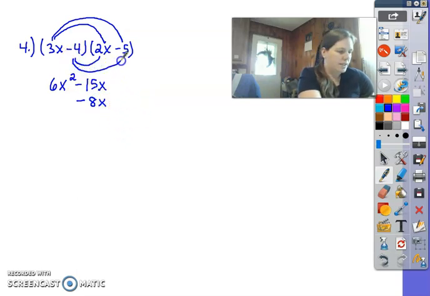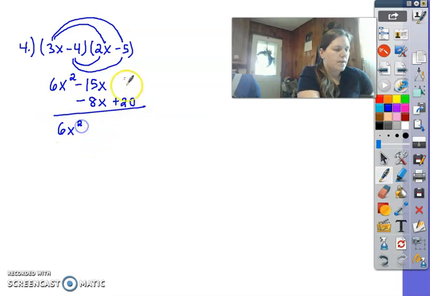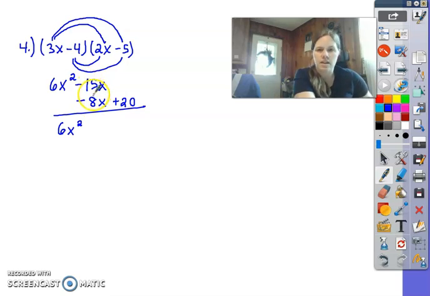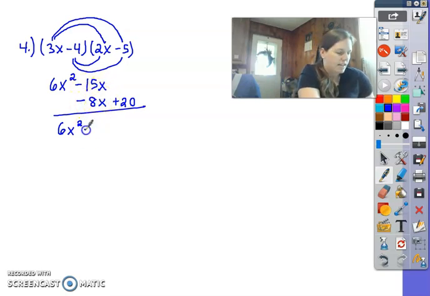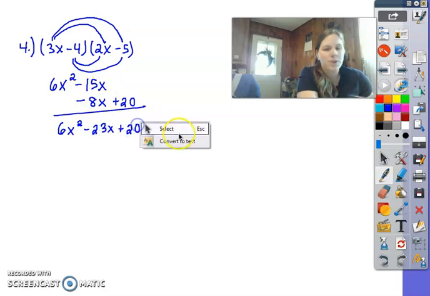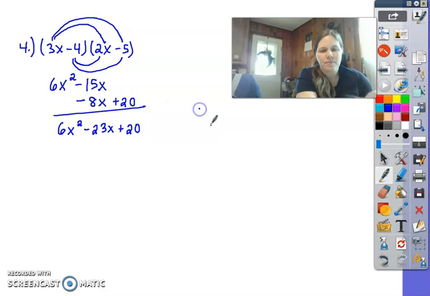And negative 4 times negative 5, positive 20. Oh, negative 15 and negative 8. Remember, if you're a person who has a really hard time putting those negatives together, please use a calculator. Absolutely. I'm not going to take any resource away from you, especially now. So negative 15 combined with negative 8 is negative 23x plus 20.